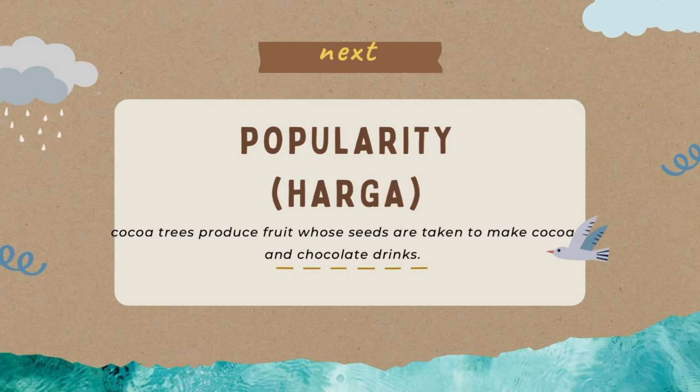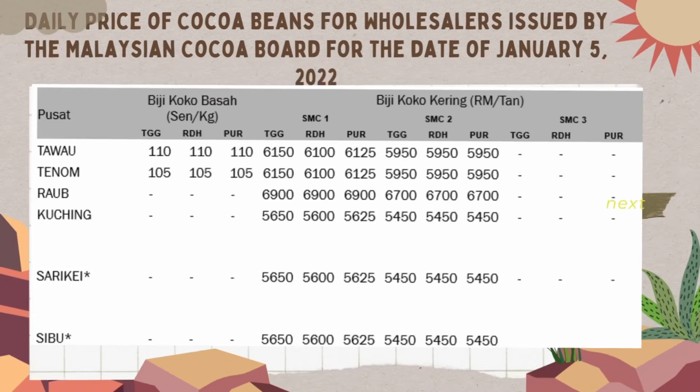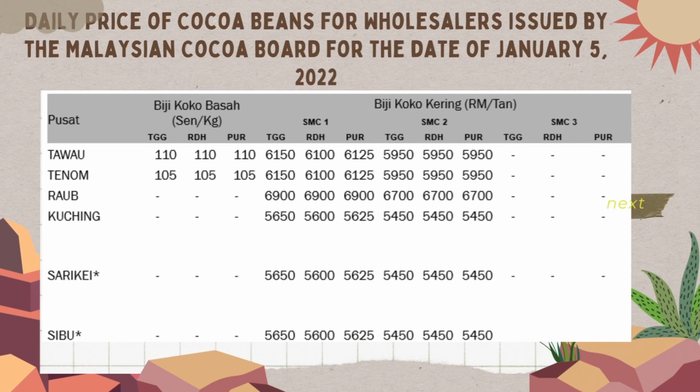The popularity of cocoa. Cocoa trees produce fruit whose seeds are taken to make cocoa and chocolate drinks. The table shows the daily price of cocoa beans for wholesalers by the Malaysian Cocoa Board for the date of 5 January 2022. The price is according to the Centre of Cocoa Farm in Malaysia. For moist cocoa beans, the average price at Tawau is 110 per kilogram.